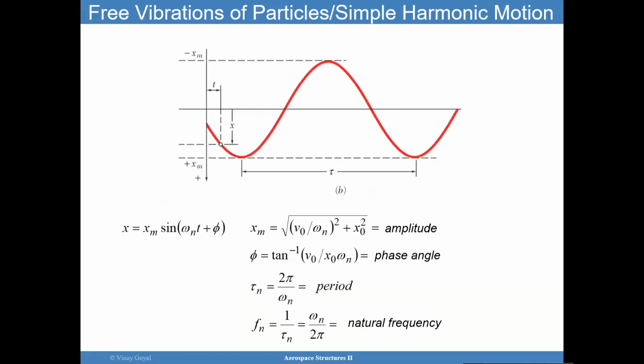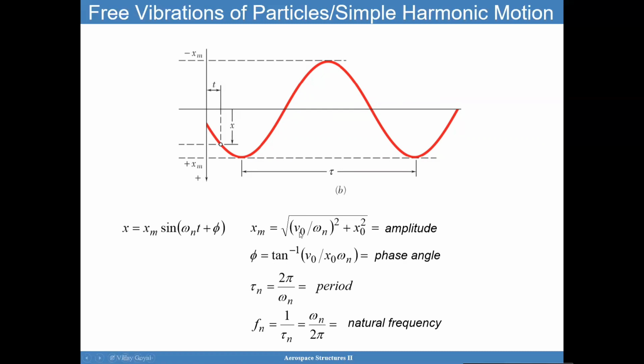You can actually make x_m the unknown and phi the unknown. So this is another way to solve the problem. Make two unknowns now. This also can be used to solve the differential equation that I have shown. And when you do that, you can find that x_m is equal to this value here, and this happens to be the amplitude of the motion.